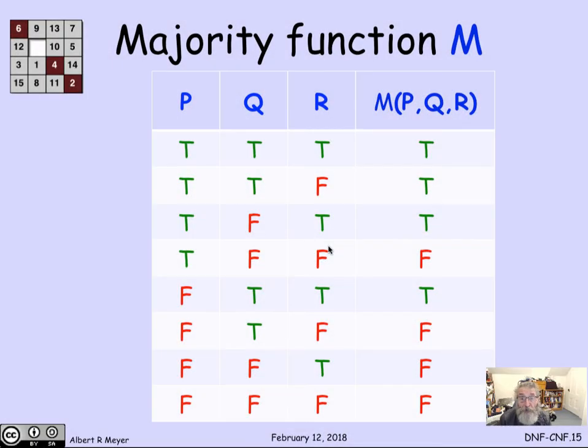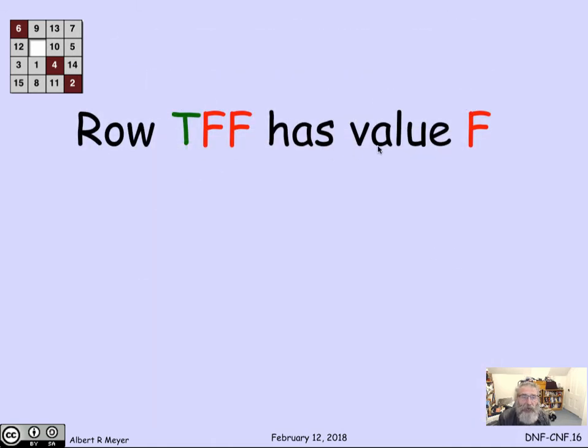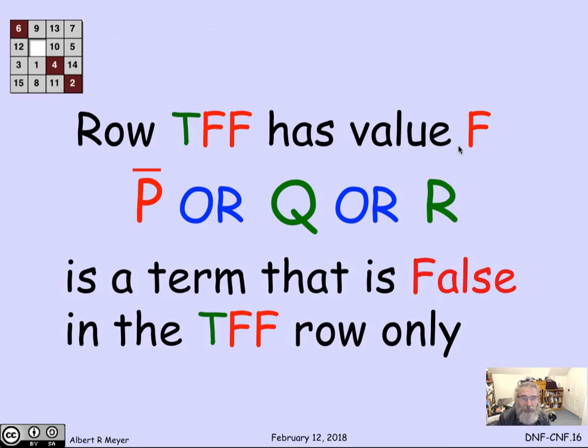So let's look at the majority function M again, but this time I'm going to look at a false row. The majority function is false in the row TFF, for example. There are three other rows where it's also false, but let's focus on the TFF row, where we have this value F. Now, instead of taking an AND of literals, I'm going to take a term, the term not P or Q or R. So I'm looking at TFF, but I'm taking the complement of P and the uncomplemented version of Q and R corresponding to the F. Why did I do that?